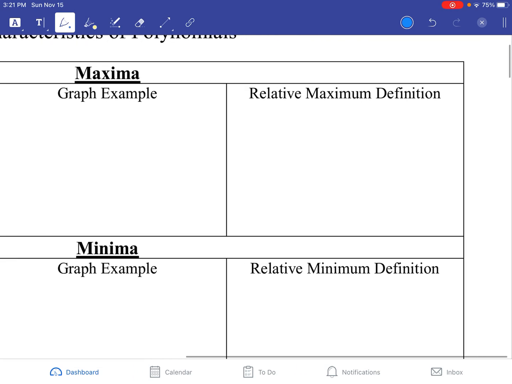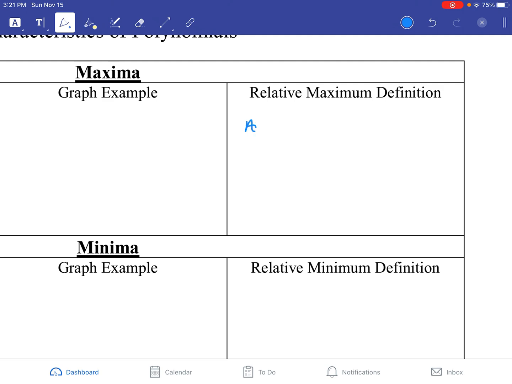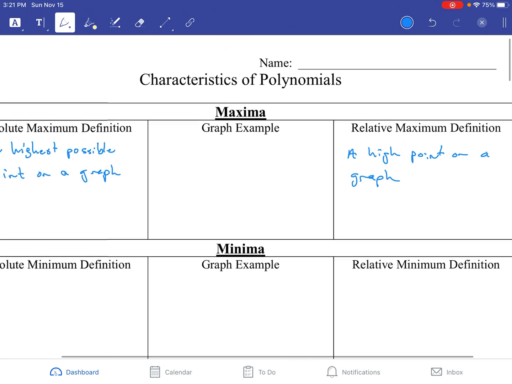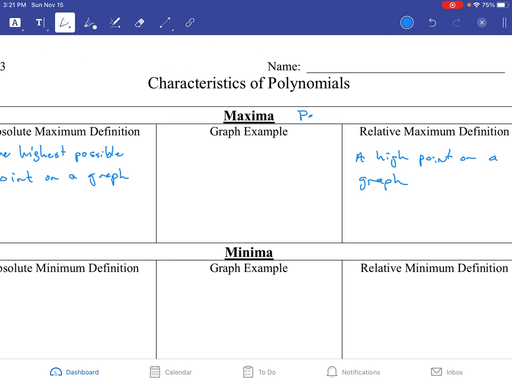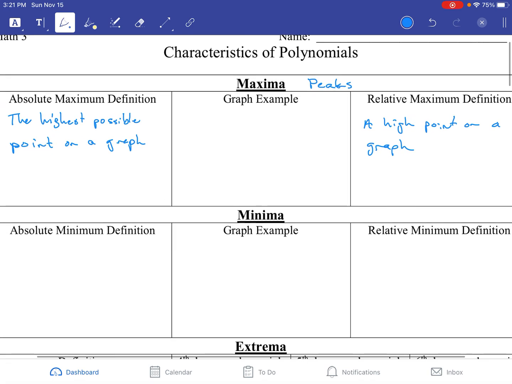Versus a relative maximum is just a high point on the graph. Right? When I think of maximums, I think of peaks. Think of like mountain peaks. Okay? Let's look at a graph example. Let's look at two of them, okay?